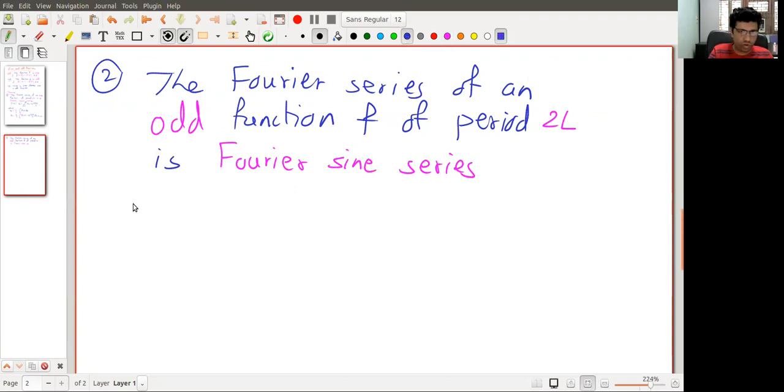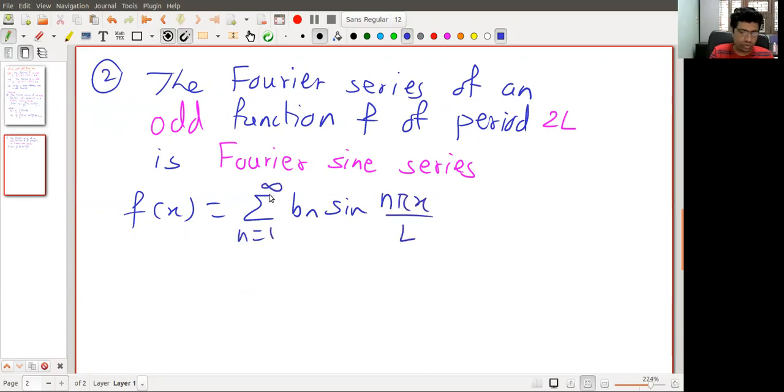It is f of x equal to summation bn sine n pi x by L, n from 1 to infinity, where bn are given by 2 upon L integral from 0 to L. I am using a different color where you will find change from the previous theory.